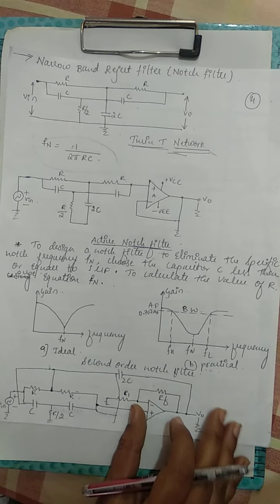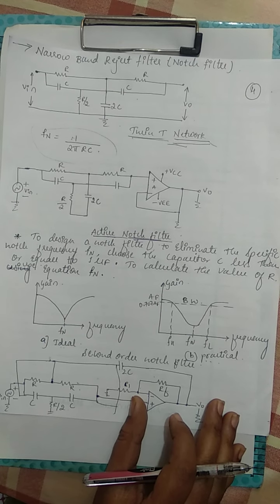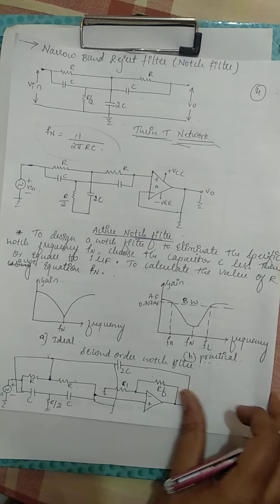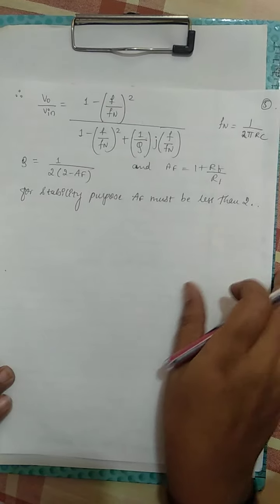In this second order notching filter, the higher the value of Q, the narrower is the width of the notch, which you can see in the frequency responses, ideal and practical.